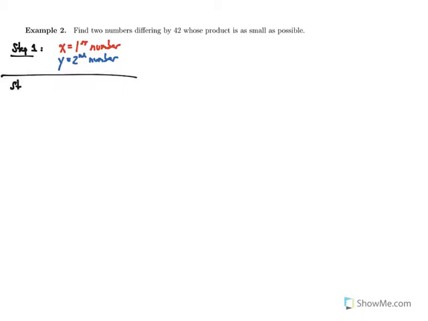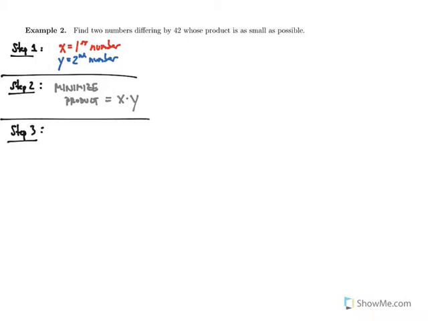Step 2, I want to minimize here the product. So I'm trying to minimize x times y. Step 3, what's the constraint that I have?